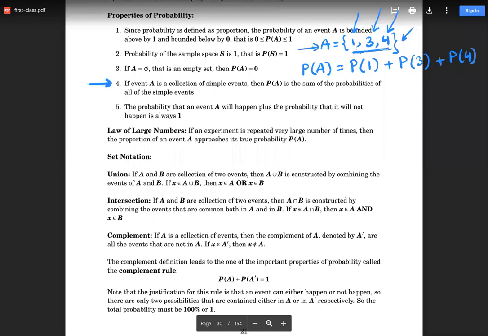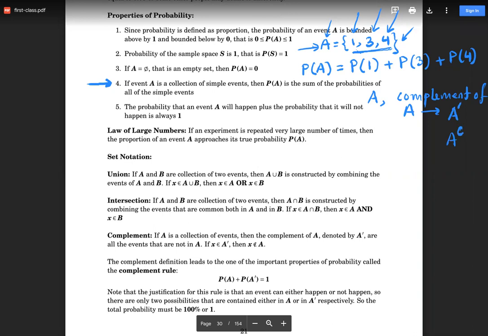So you'll have either A or you will have not A. If A is an event, not A is the complement of A. It's called the complement of event A, which is typically denoted by A prime.